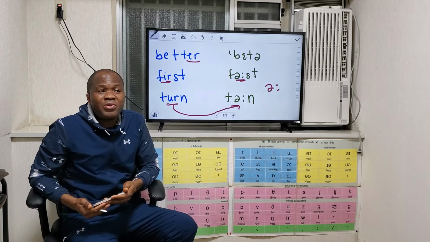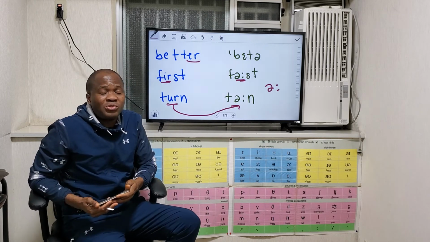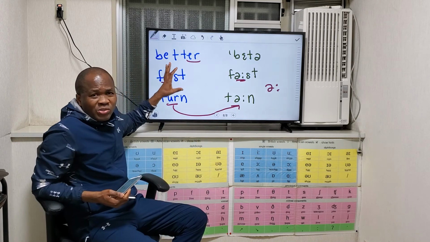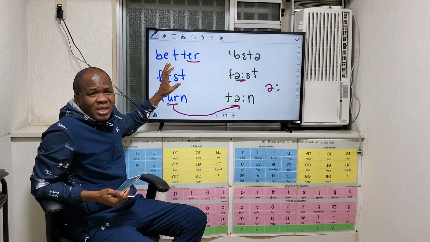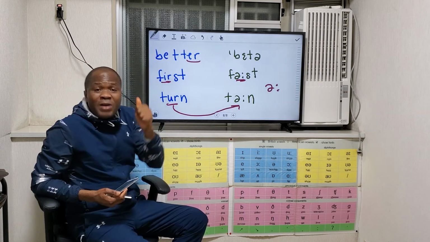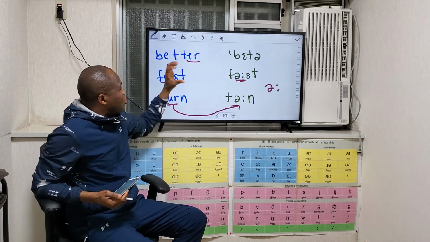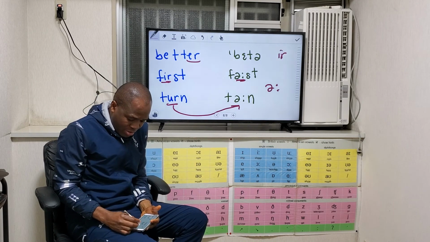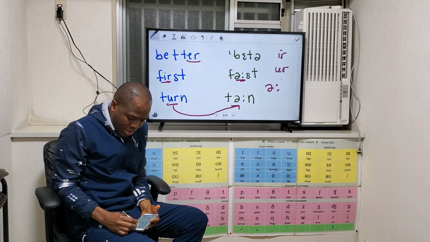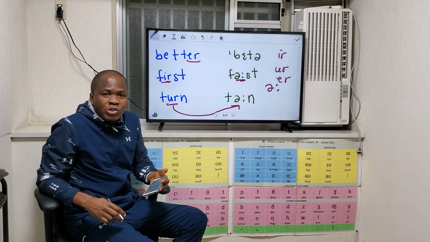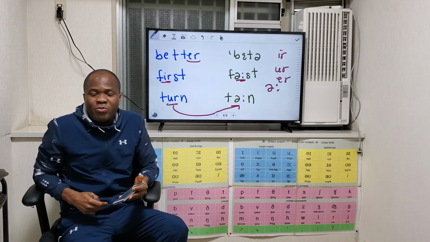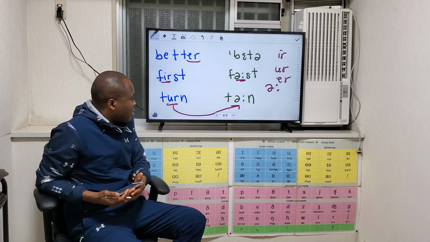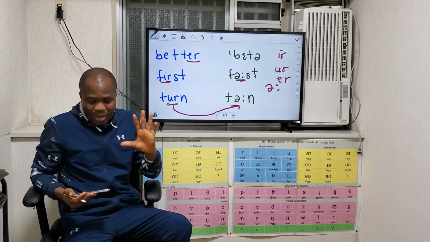So that is why we have to let your student understand that even though we have the ER control vowels, this ER control vowel is able to create other vowels, which are number one, the IR vowel, the UR vowel, and the ER again vowel. So there are two types of the ER. You have to be very careful and explain to the student so that they will be able to understand the concept. We'll end here. See you.